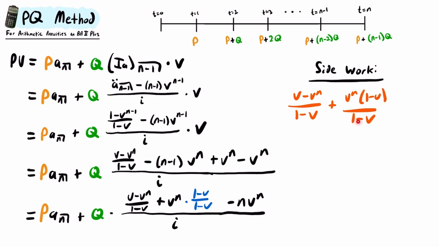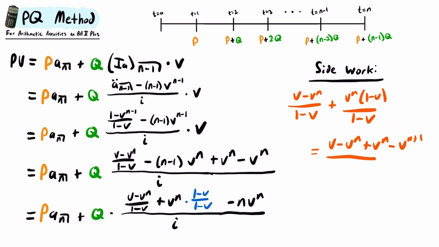Now these two terms have the same denominator, so we can add the numerators, and we also want to distribute v to the power of n through this quantity. So doing that, we get v minus v to the power of n plus v to the power of n minus v to the power of n plus 1. All right, these two terms come from here, and then v to the power of n times 1 is v to the power of n, and v to the power of n times v, you can add the exponents and get v to the power of n plus 1.